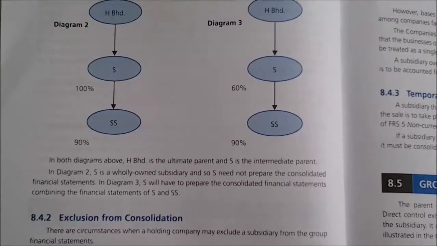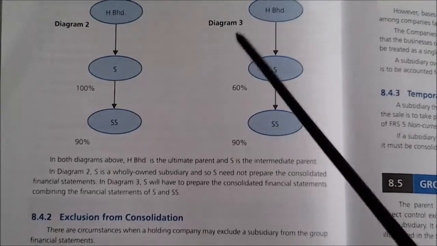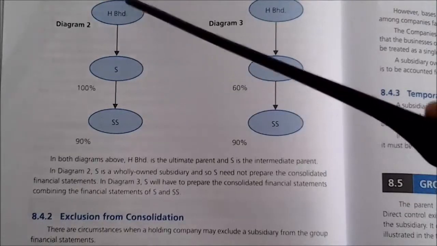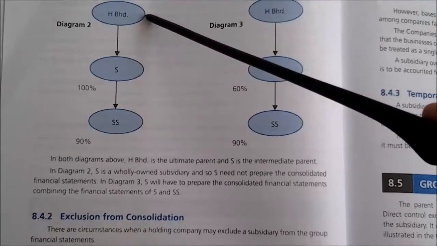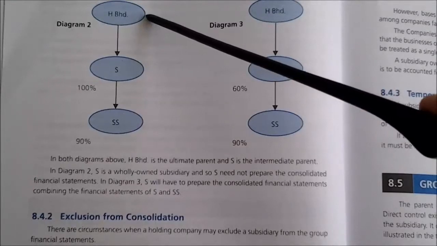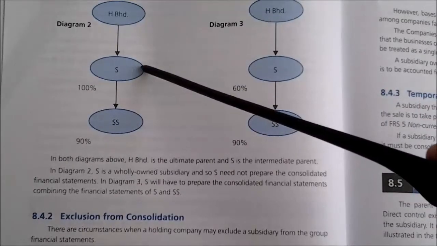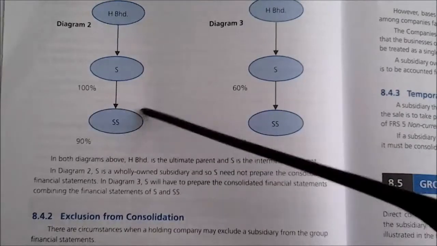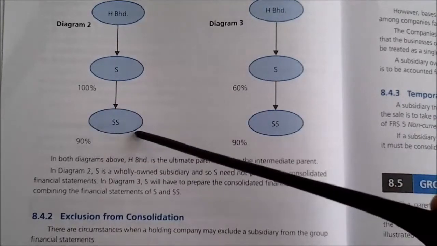Okay, let's focus on this diagram. In this first diagram, H is the ultimate parent. S is the intermediate parent because they have another subsidiary down here.